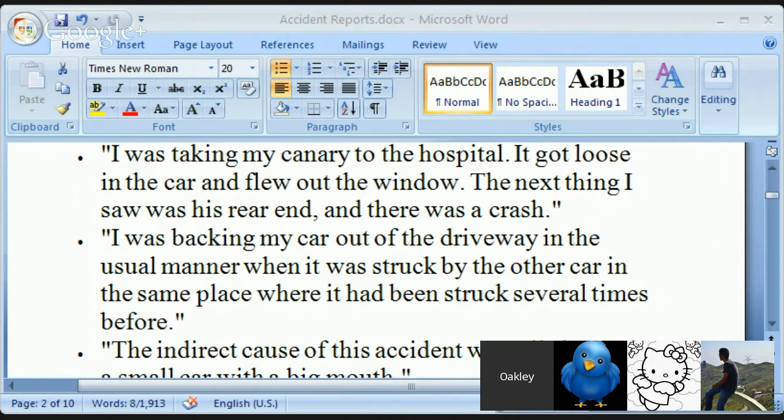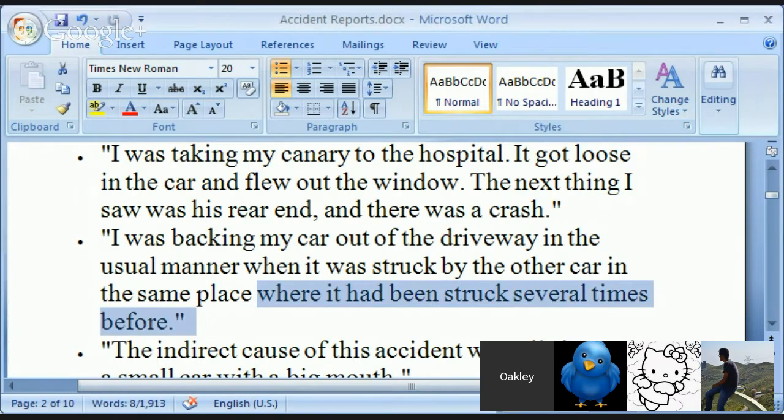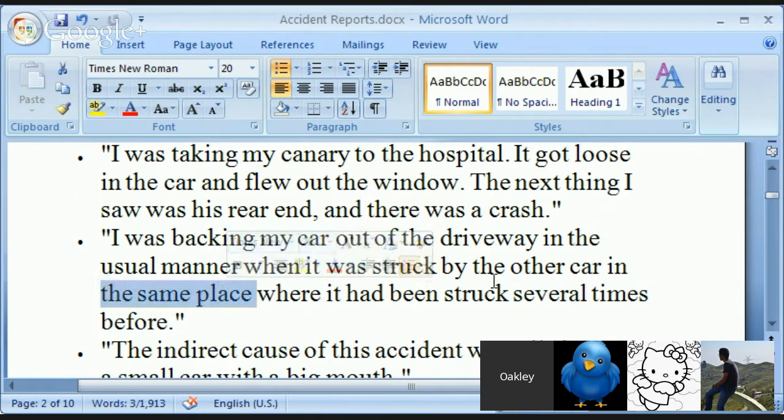Maybe. Or maybe the place where his car was is the same place where his car has been hit many times before. We don't really know for sure. When he says in the same place, does he mean the same place on his car or the same place just outside his driveway? Yes, that's confusing.